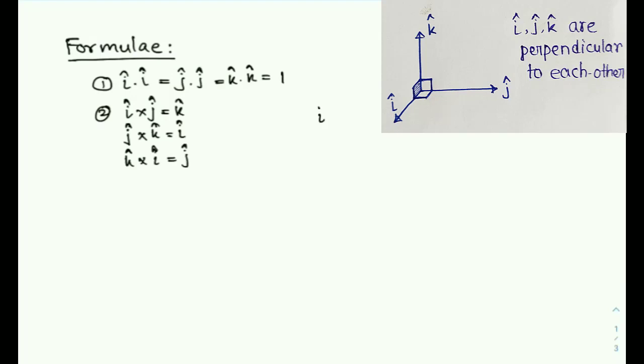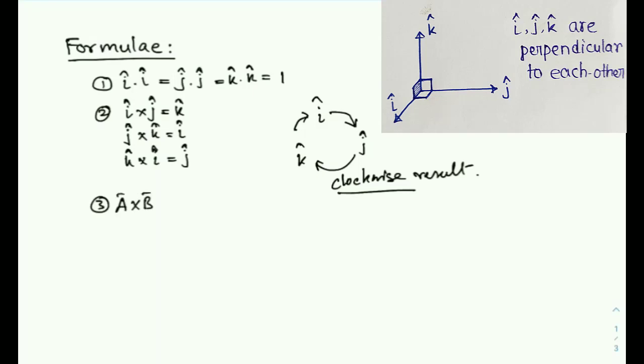If you see in the diagram, there are i, j, k in rectangular coordinate form, and they are all perpendicular to each other. So if I put i, j, k in a clockwise direction, we get the result this way. It's an interesting way.